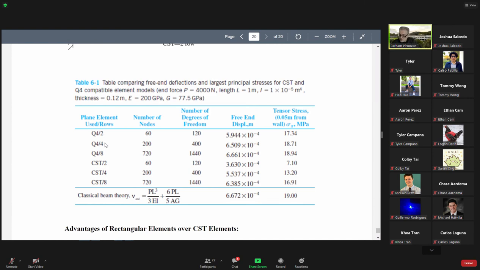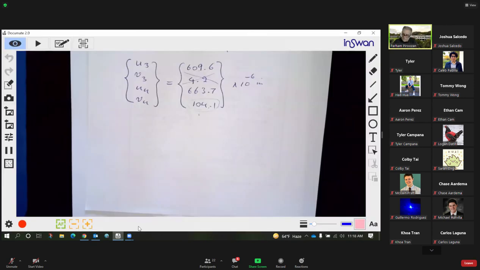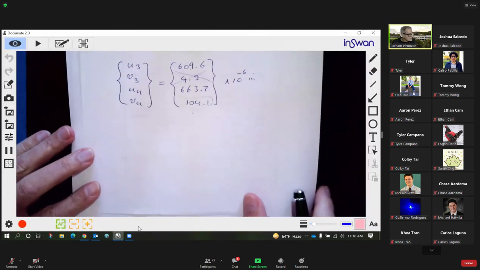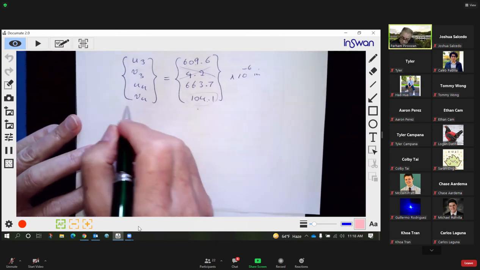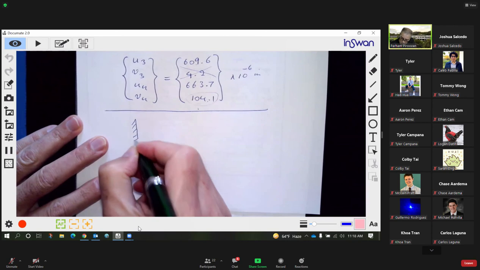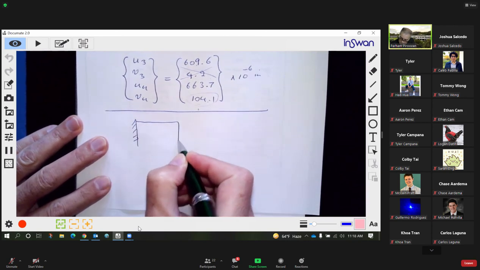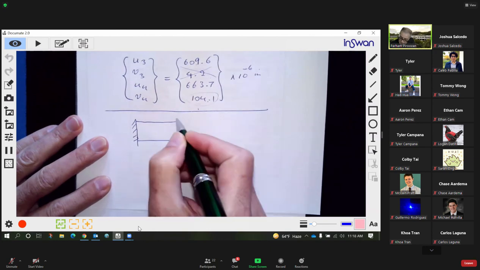So let me show you one more figure here. Let me draw this one. Let me go back to the camera and see what this was. Suppose I want to analyze this problem.